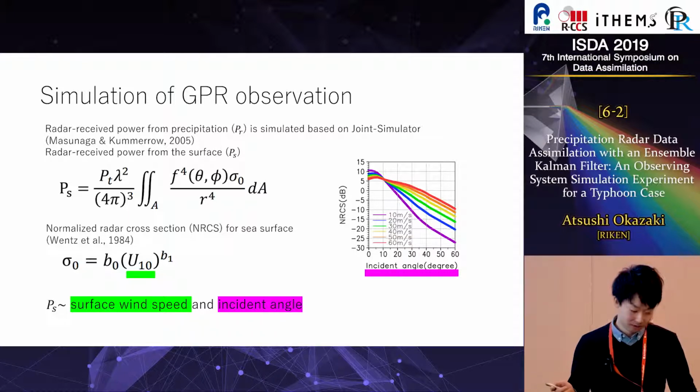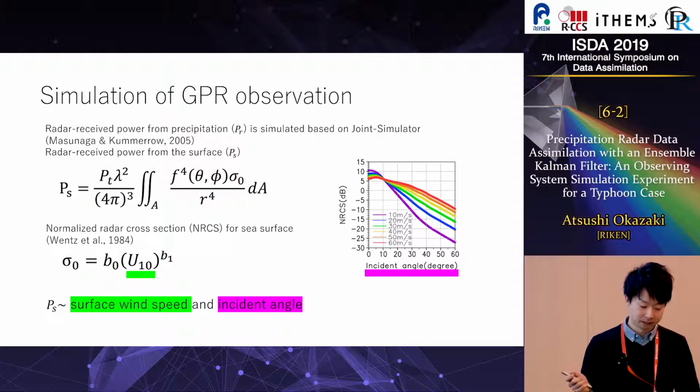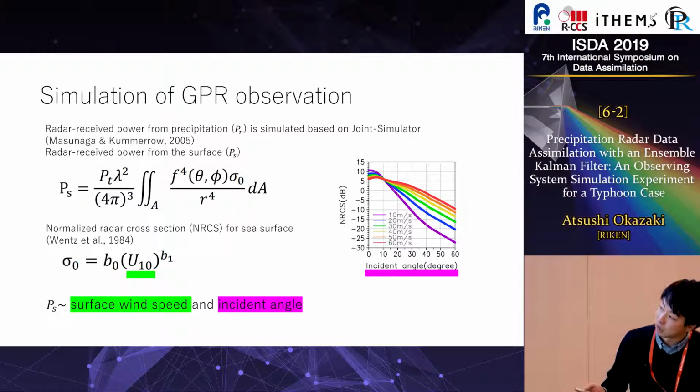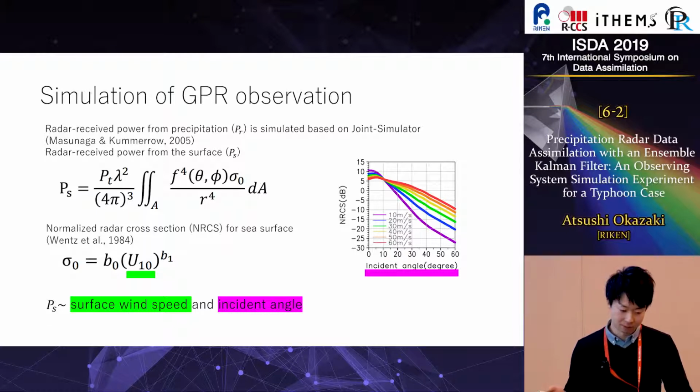In this simulation, radar received power from precipitation is simulated based on the joint simulator developed by Masunaga and Kummerow. And radar received power from the surface is modeled following Wentz et al. 1984. They provided the model for normalized radar cross-section, sigma 0, as a function of surface wind and also the incident angle.